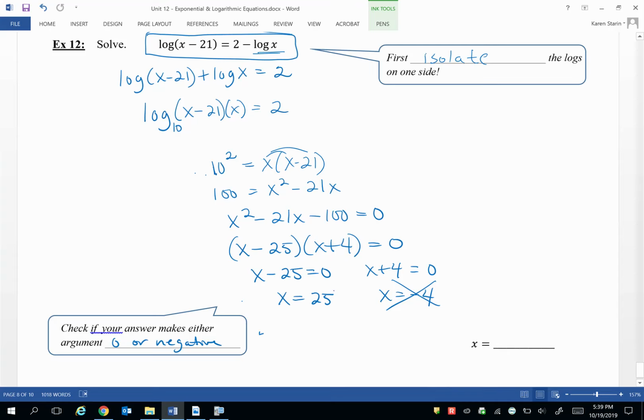Let's check x equals 25. Obviously, log of 25 is a positive number. Is 25 minus 21 positive? Well, yes, it is. It's 4. So that's okay. So our one solution here is x equals 25.